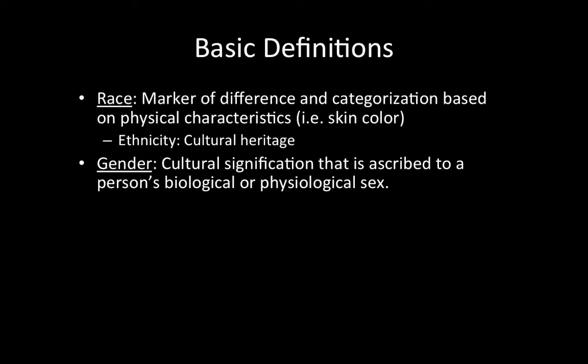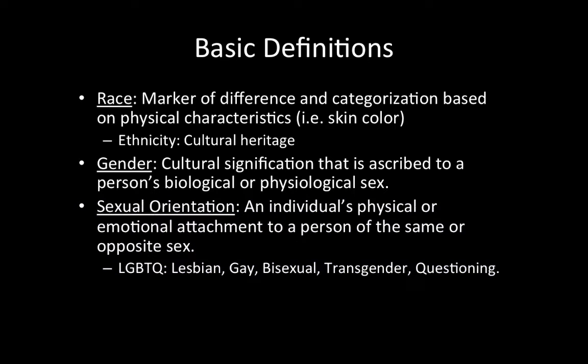Gender is cultural signification that is ascribed to a person's biological or physiological sex. It's an interesting definition because we're looking at the word cultural signification before we look at biological or physiological. I think it's important to remember that. Sexual orientation is a person's physical or emotional attachment to a person of the same or opposite sex.